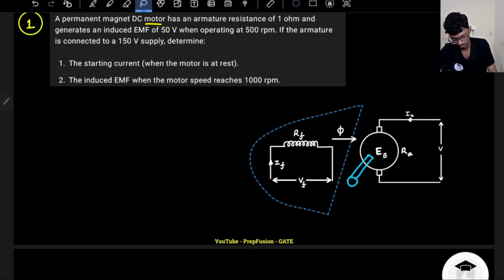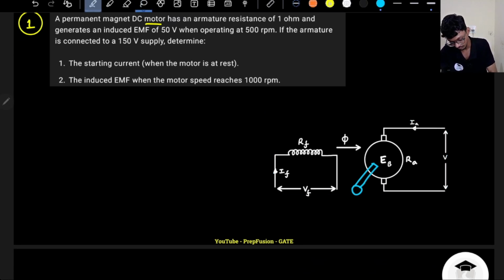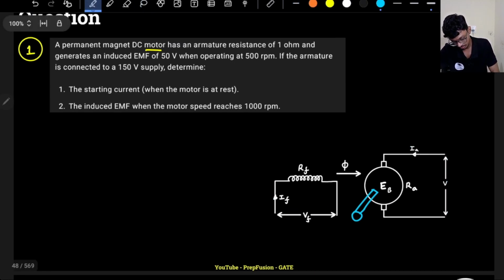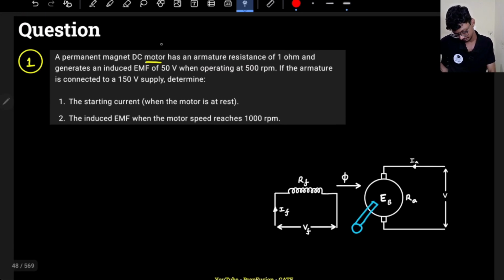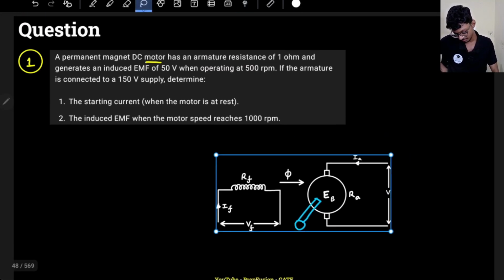Now I will clarify one more thing quickly. They have given Ra equal to 1 ohm, so your armature resistance is 1 ohm. It is a permanent magnet DC motor.